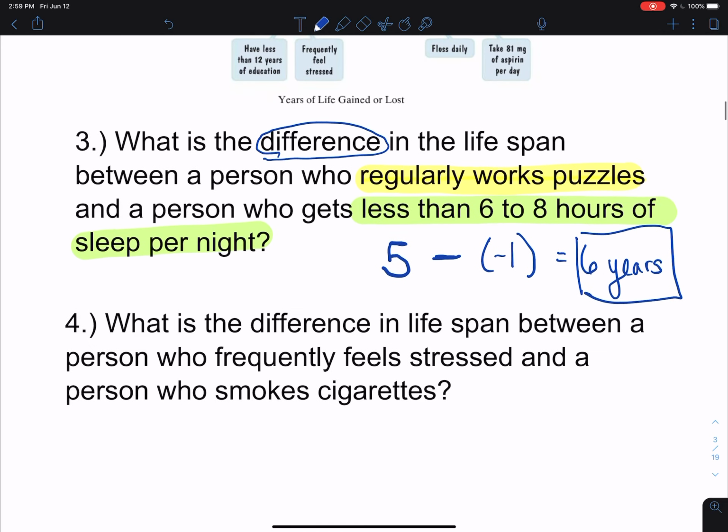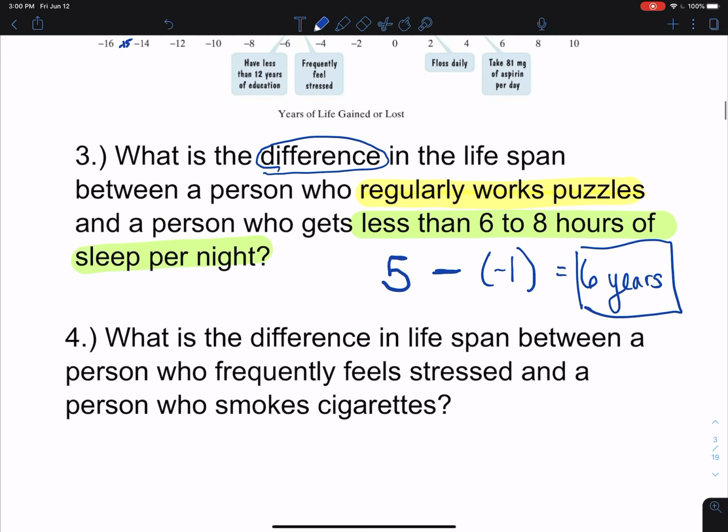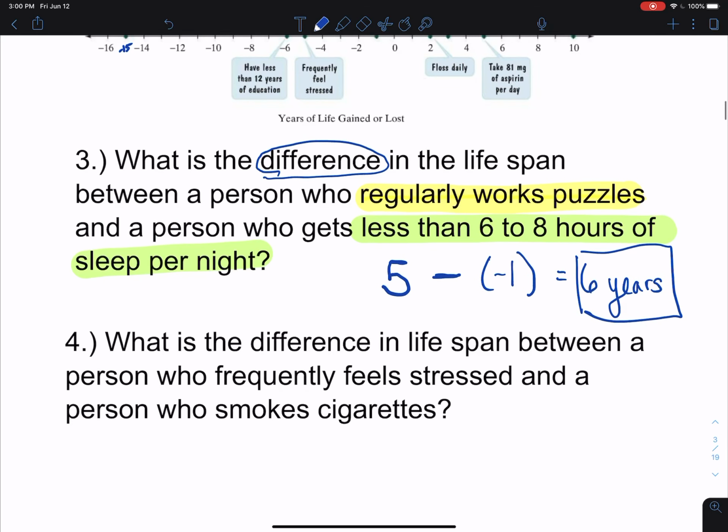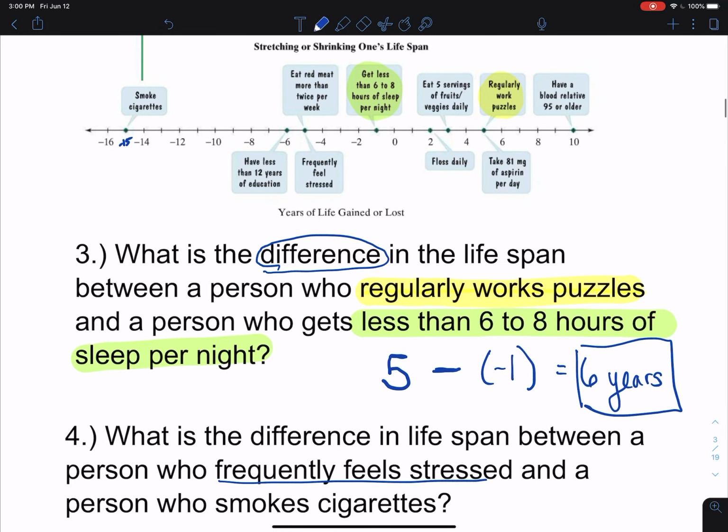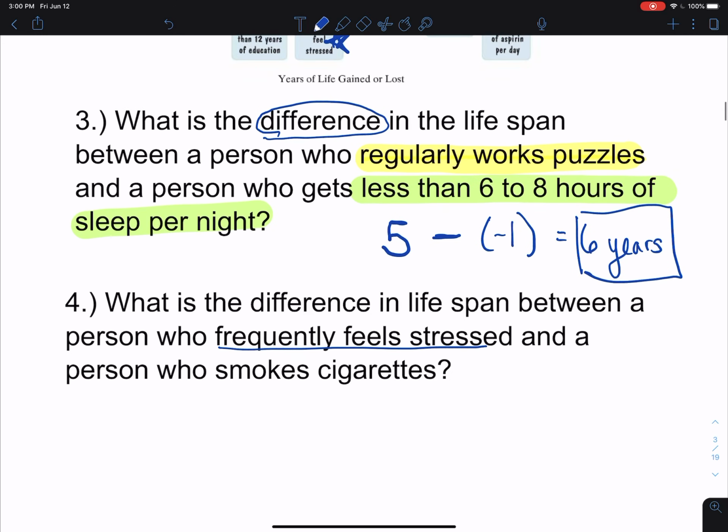If we look at the next example, they ask us what is the difference in lifespan between a person who frequently feels stressed and a person who smokes cigarettes. So if we look for this frequently feels stressed, that is right here at negative 5 on our number line. They're once again asking for difference, so I use subtraction.